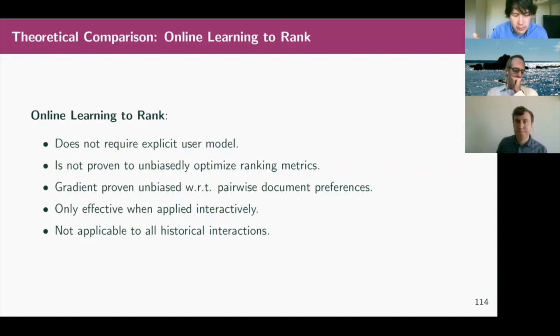As you saw in the empirical results, however, it seems to be happening, but we can't prove it. There are some things we can prove. For pairwise differentiable gradient descent, we can prove it gets these pairwise document preferences, right? But this is not the same as optimizing a ranking metric.